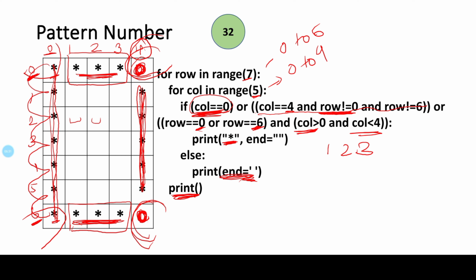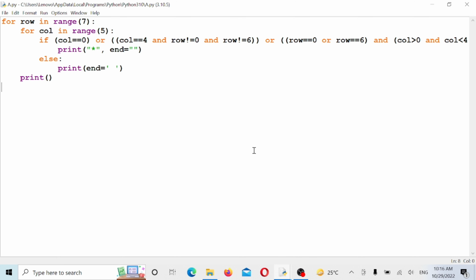Now let us go to the Python screen and see whether this particular code is giving us the pattern D or not. So this is the program for capital letter D. Let us examine the code once. We have two nested for loops with range 7 and 5. This condition is for column 0, the handle of D. Then this is for column number 4, but making sure that the upper and the lower boxes are empty.